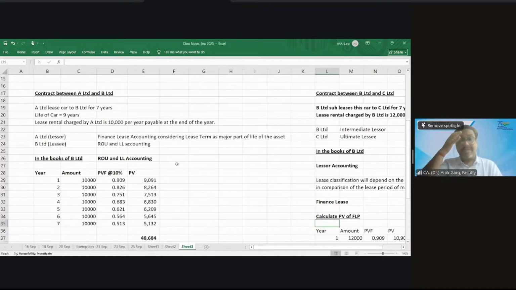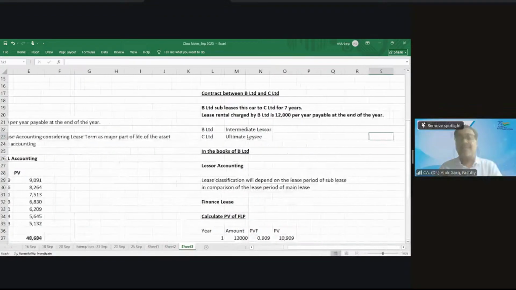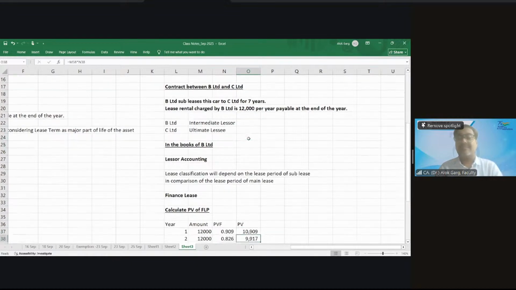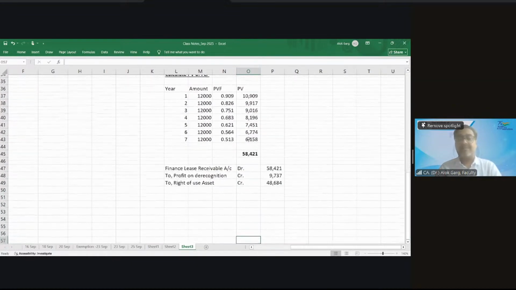So what I have done in this case, in the first contract, I have done the lessee accounting from the perspective of B, recognizing the ROU asset. And in the second contract, the finance lease, I have done the accounting as a lessor for B. And since it was a finance lease, I have derecognized the ROU asset and I have recognized the finance lease receivable.